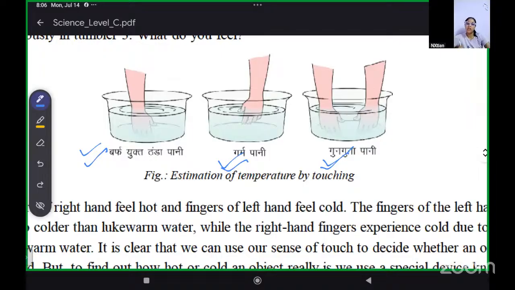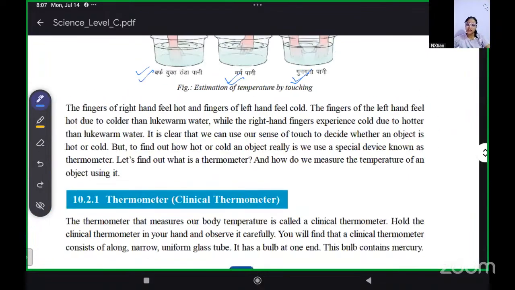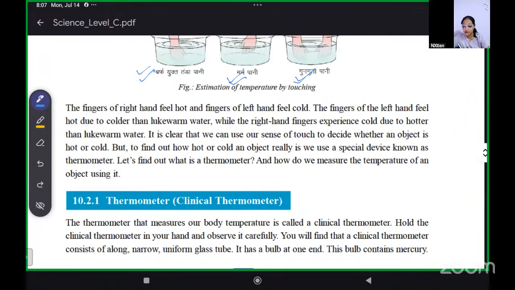Lukewarm is not very cold, not very hot, like mild, warm water. So after you have kept your hands, the fingers of the right hand feel hot and the left hand feel cold.